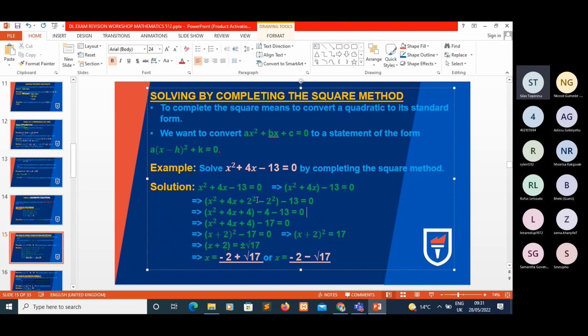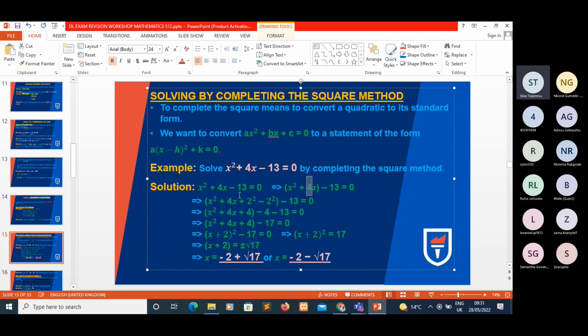After that, you need to divide the middle term by 2, and then you square it. So you divide the value that you have here by 2, and then you raise it to the power 2. When you do that, you add it and subtract it. If 4 divided by 2 gives 2, then I'll say 2 to the power 2.